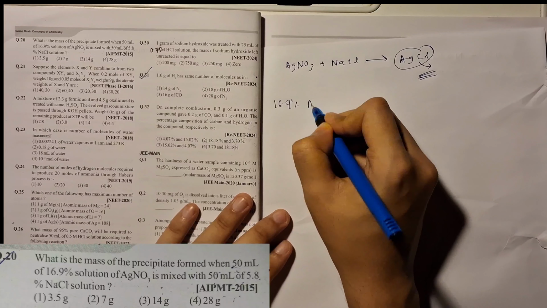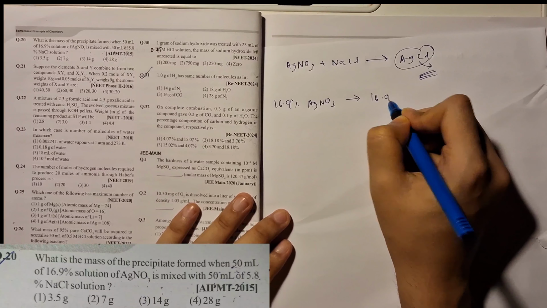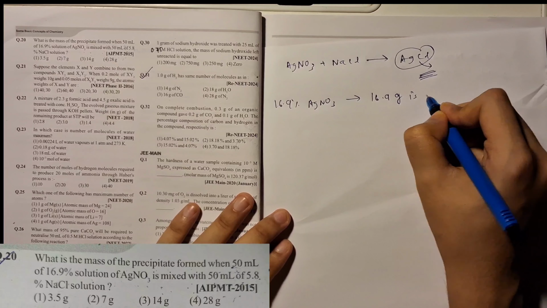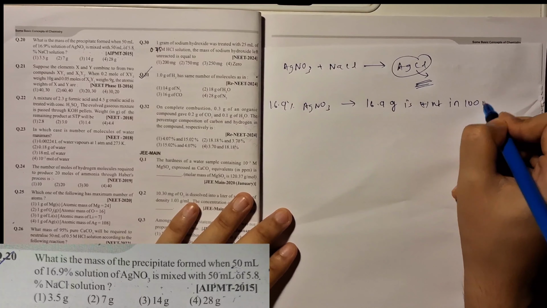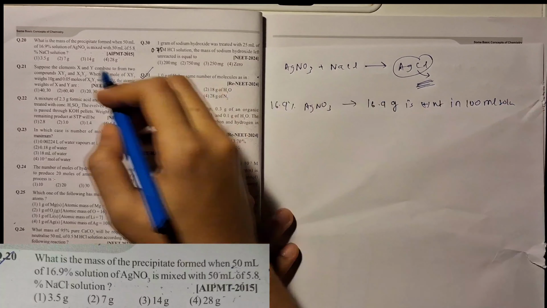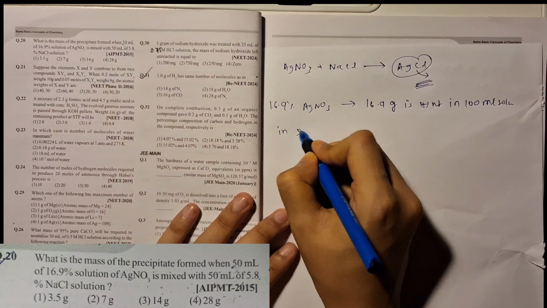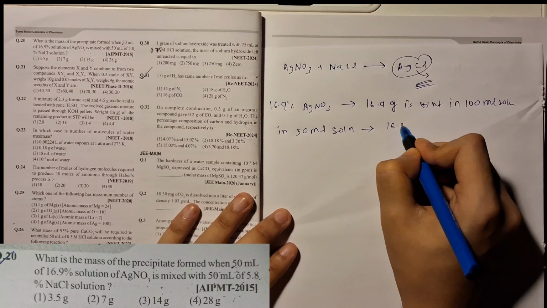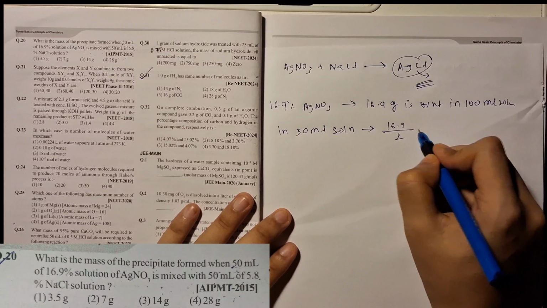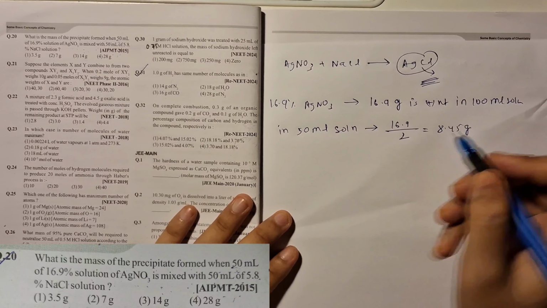16.9% AgNO3 is given, that means 16.9 gram is present in 100 ml solution, but the volume is given 50 ml. So in 50 ml solution, the mass will be 16.9 by 2, that equals 8.45 gram.